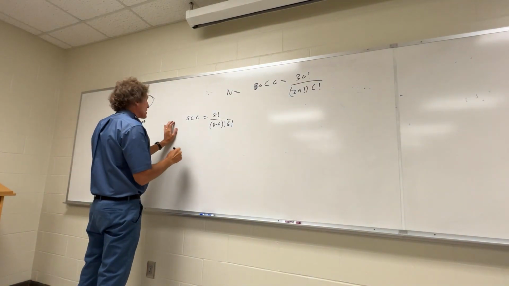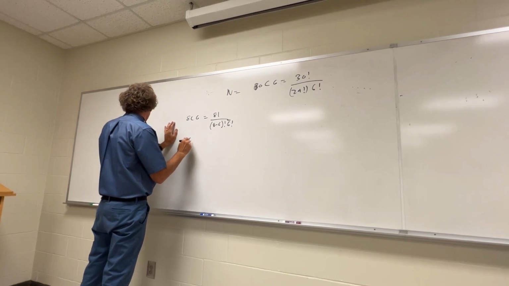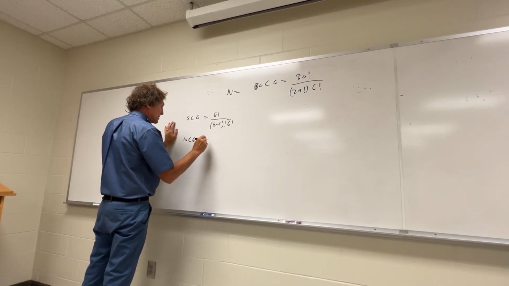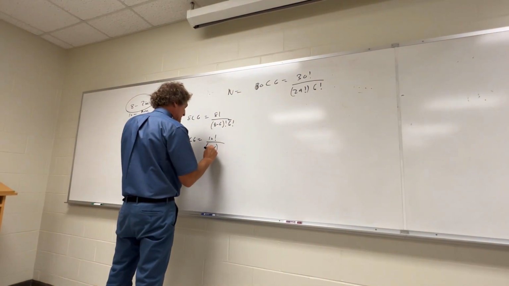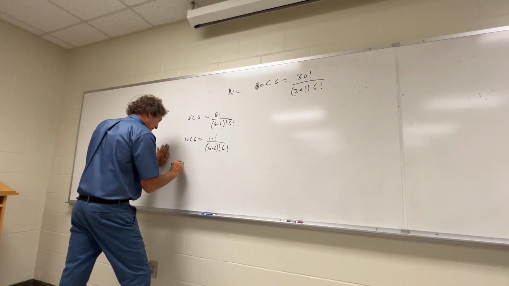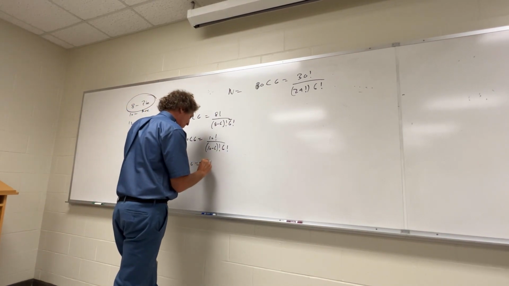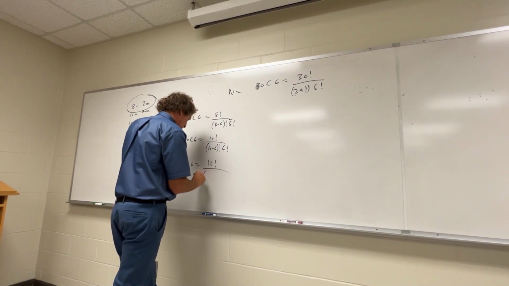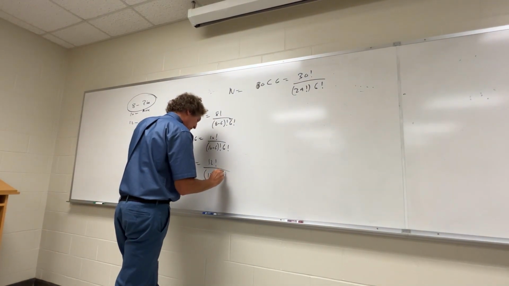For 8 Merlots, it's going to be 10 combination 6, or 10 factorial over 10 minus 6 factorial, 6 factorial. And then for the Cab, 12 combination 6 is going to be 12 factorial over 12 minus 6 factorial, 6 factorial.